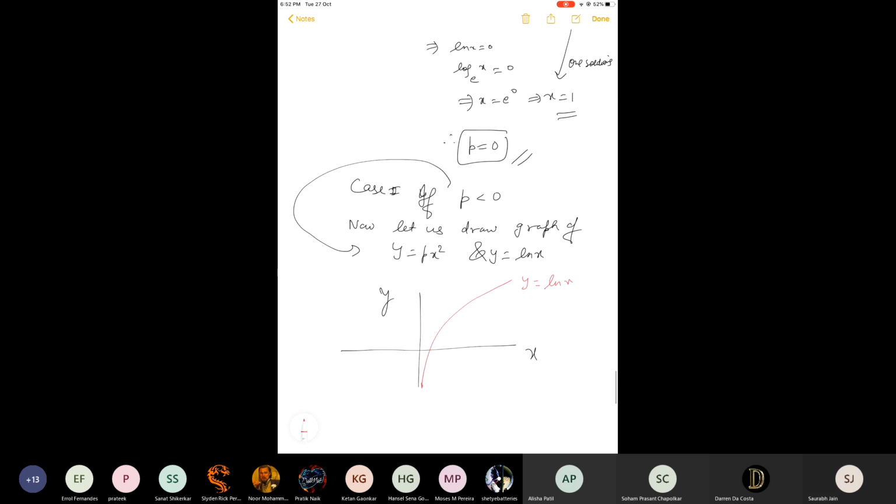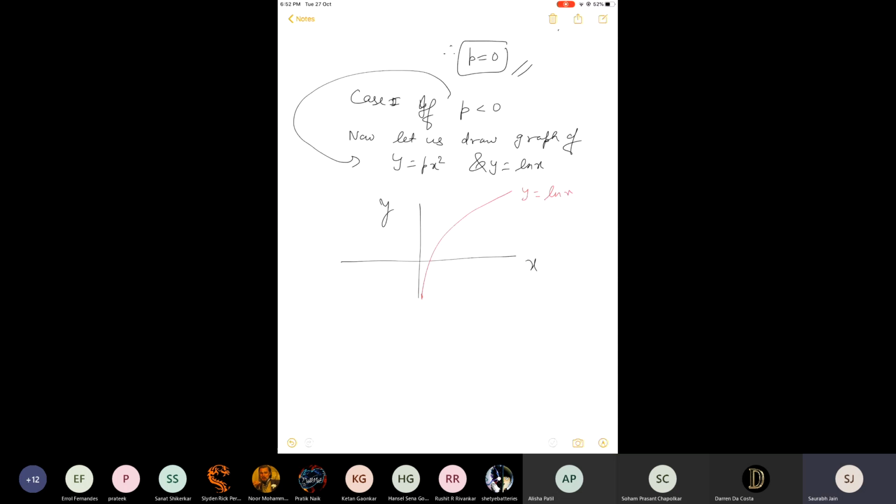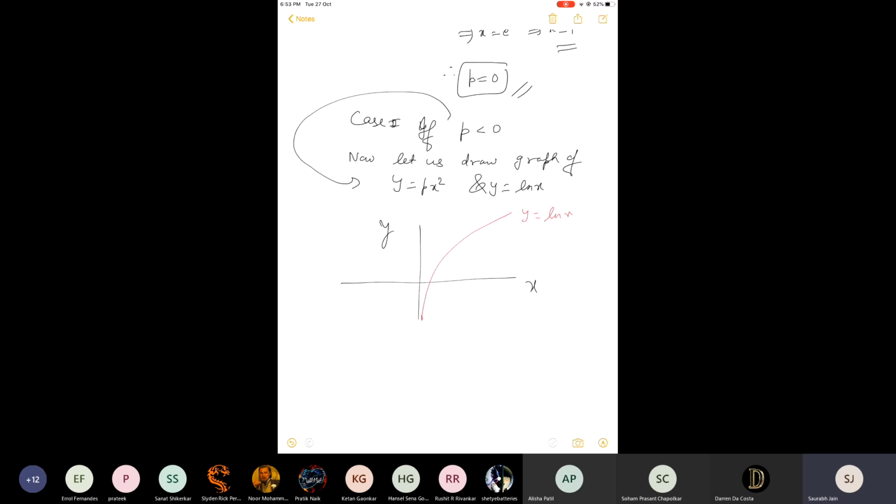Okay. Now P is negative. P negative means it can be any negative number that you can think of: minus 2, minus root 2, minus 1 by 7, minus 1000, whatever. All negative P's are included here. So can you tell me, if P is negative, what will be the shape of y equals P x square?